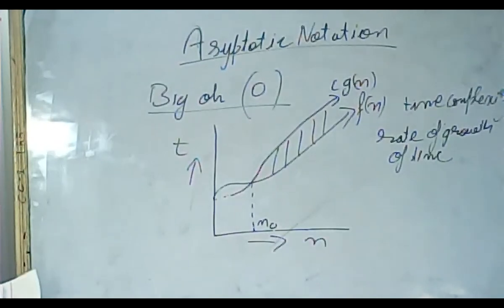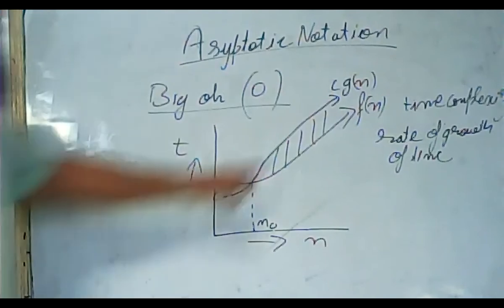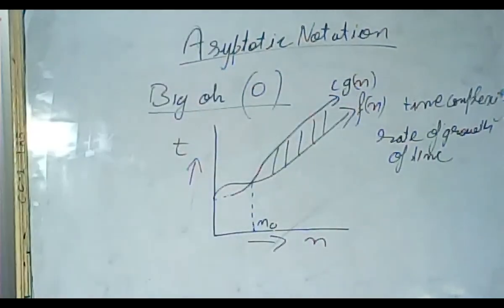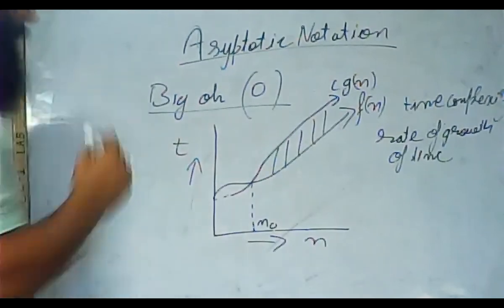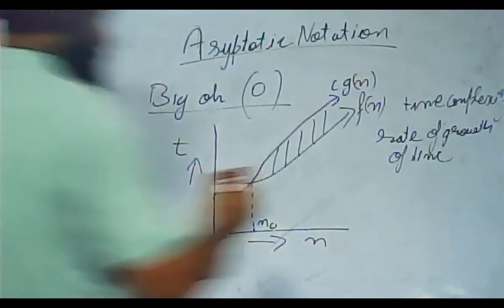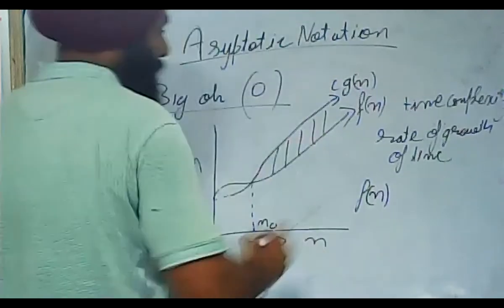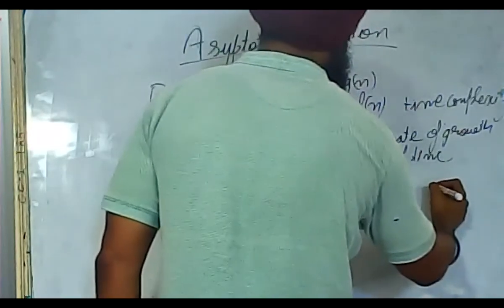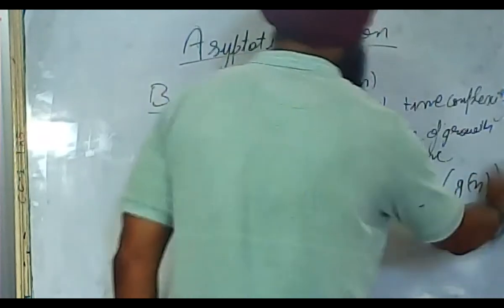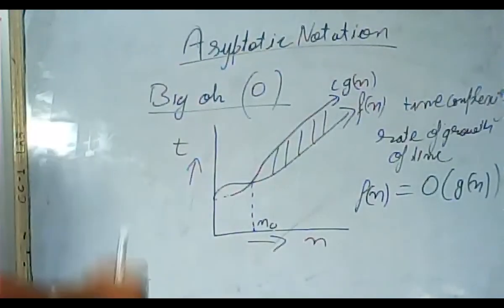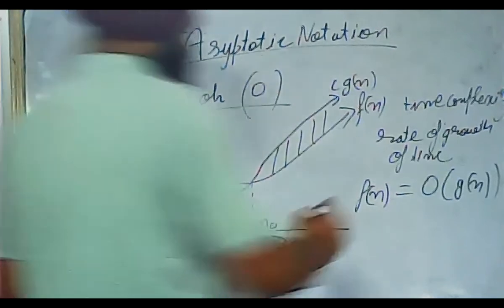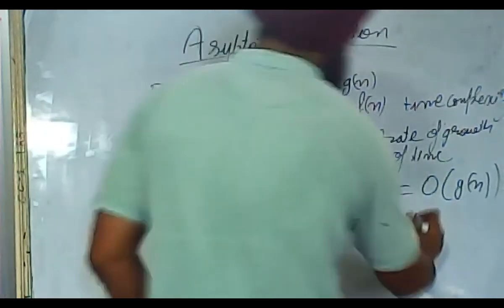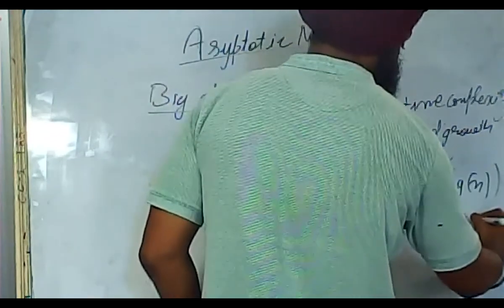After finding f of n, you can also find another function, c of g of n, after some input n naught, such that f of n belongs to big O, or f of n is equal to big O of g of n, only if f of n is less than or equal to c of g of n.